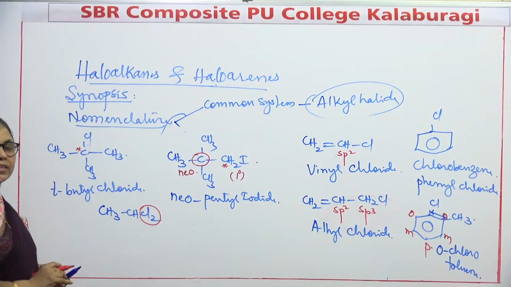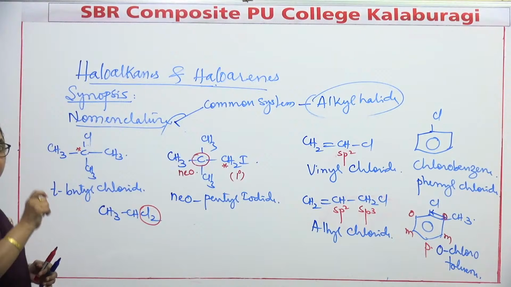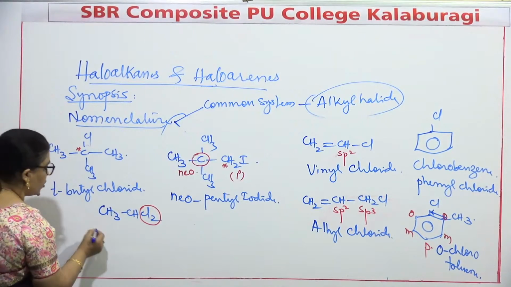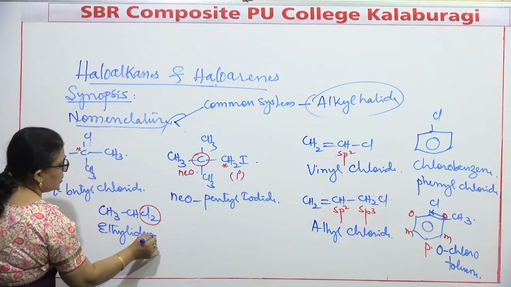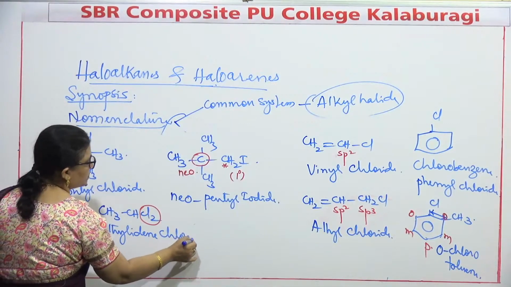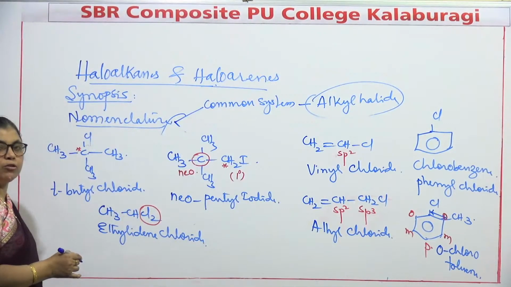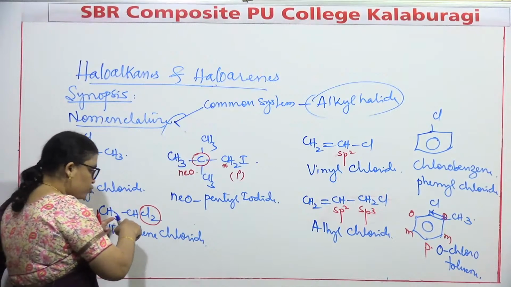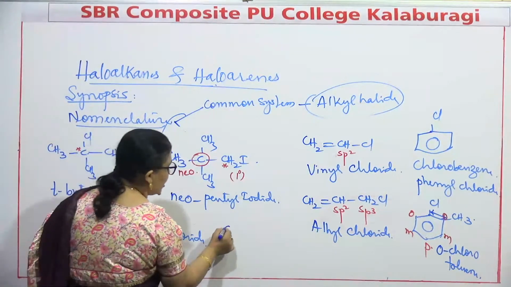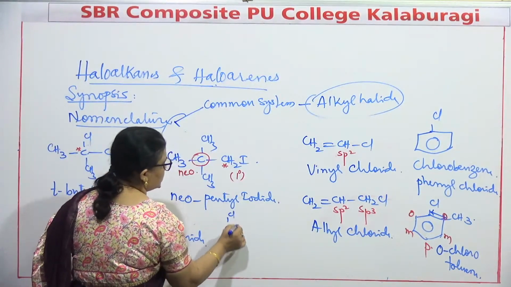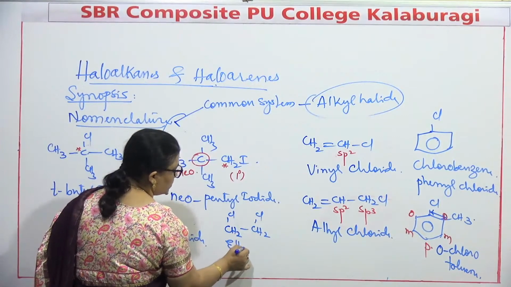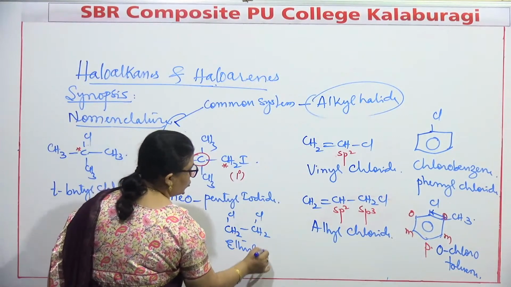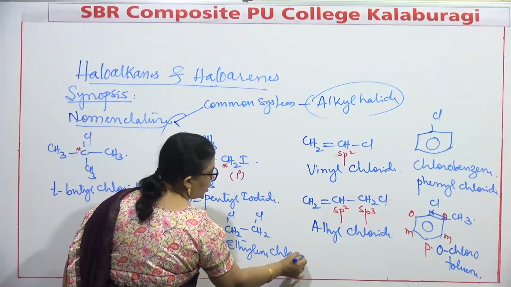We can call this ethylidene chloride. Whereas if the two halides are linked to adjacent carbon atoms, they are called ethylene chloride. You can call it dichloride also.